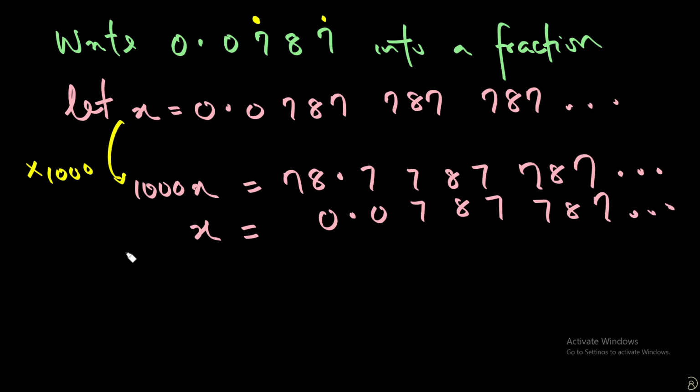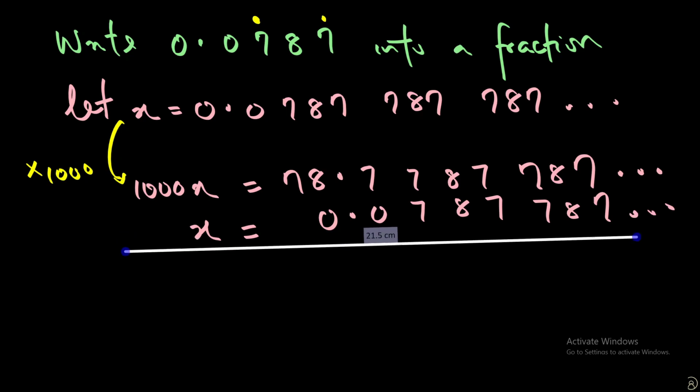So now we can subtract down the column. That's going to be 1000x take away 1x, that's 999x, and we subtract this to be 78.7. To get x, you divide both sides by 999.